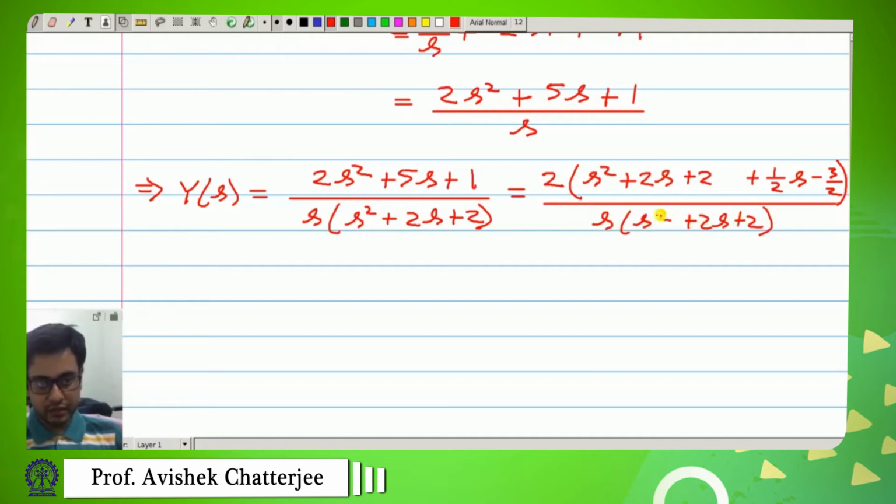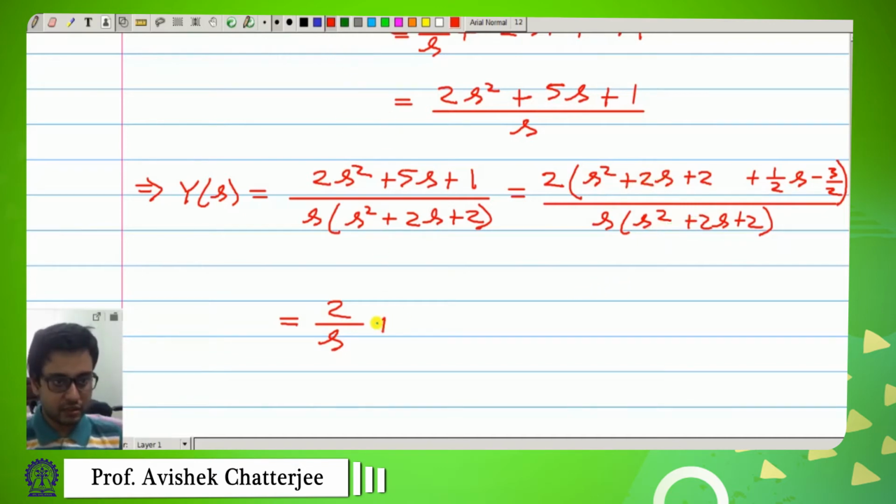I have done this intentionally so that now I can write this as 2 terms. One is this part divided by this, another this part divided by this. So the first term will be 2 multiplied with this divided by this, that will become 2 by s, because this part and this part will cancel in the first term.